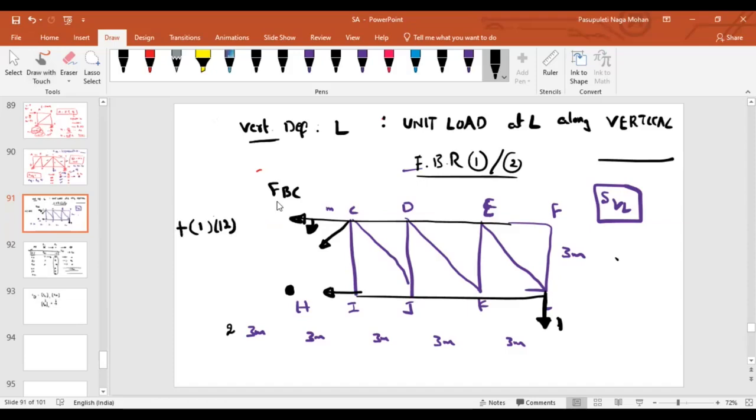Because of FBC, anticlockwise, minus FBC into 3. That equals 0. That implies FBC equals 12 by 3, which is 4. How come you are getting 3? Okay, sir. Is there anything wrong with what I did?